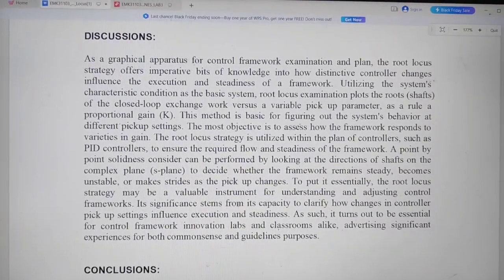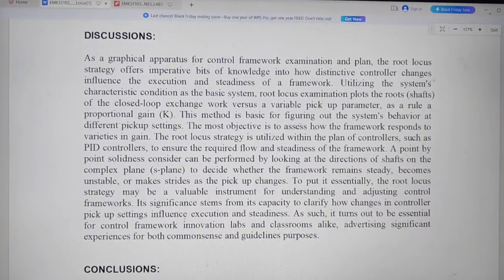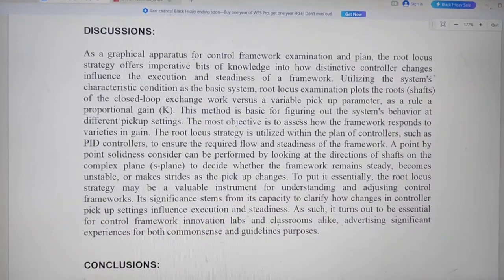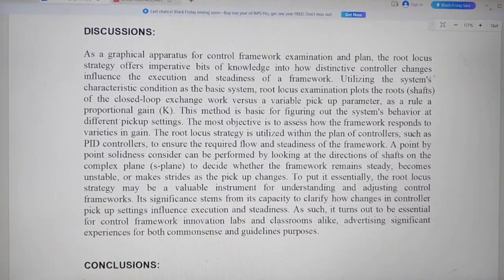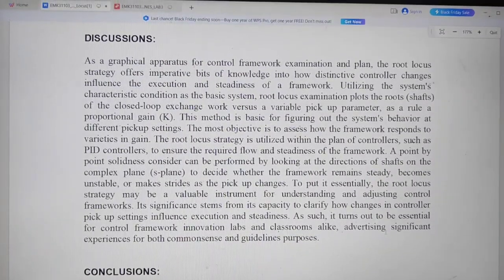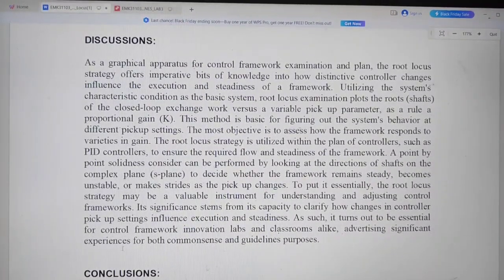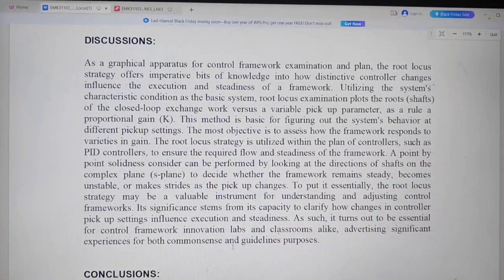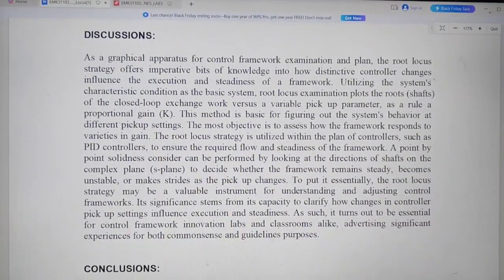Its significance stems from the ability to clarify how changes in controller gain affect performance and stability. As such, it is essential for the control system technology lab and classroom alike, offering experience for both practical and theoretical purposes.